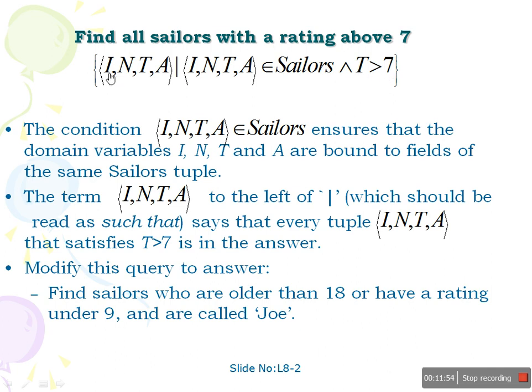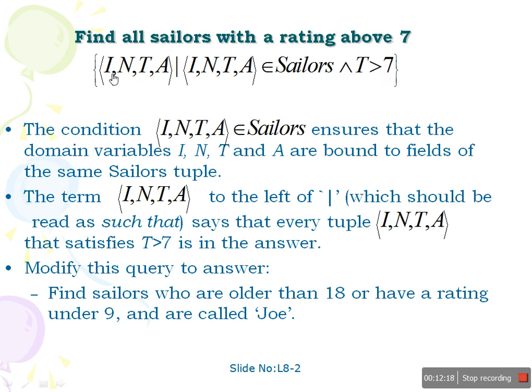Here, how are we going to specify the domain names? Here I stands for SID, N is name, T is rating and A is age. So INTA belongs to Sailors and T greater than 7.